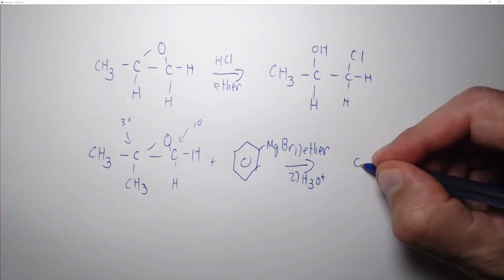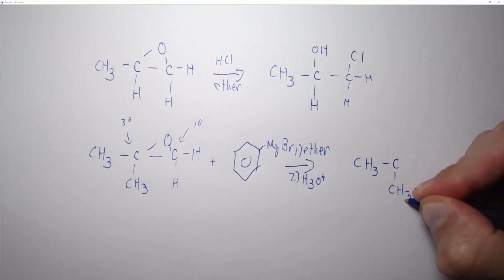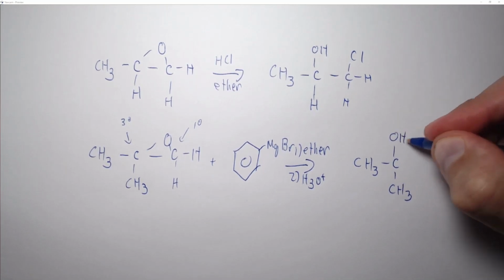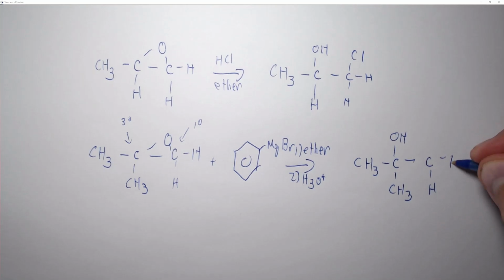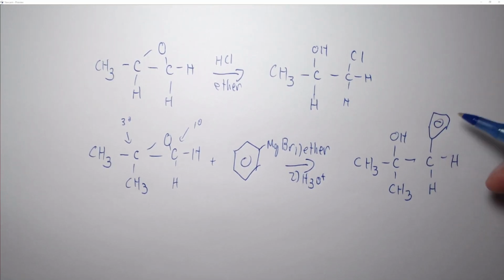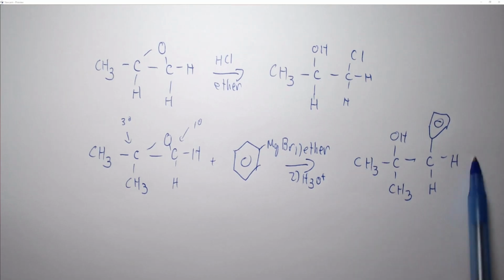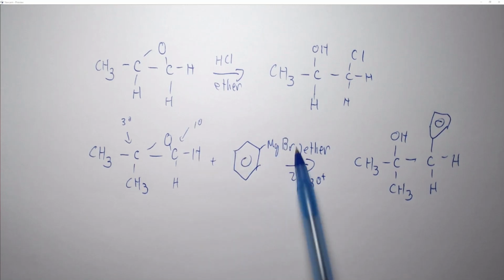So what we end up with is CH3, C, CH3, OH, C, H, and we get that benzene ring attached, or we make the carbon-carbon bond, and this longer alcohol would be favored because of how bulky this is.